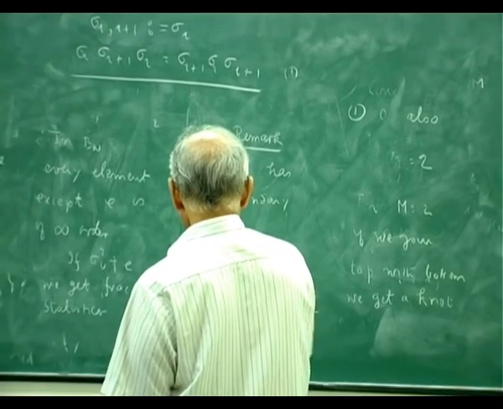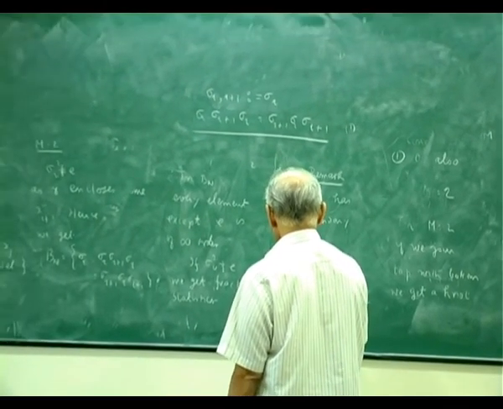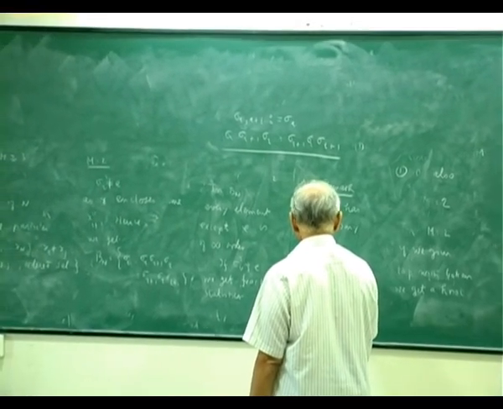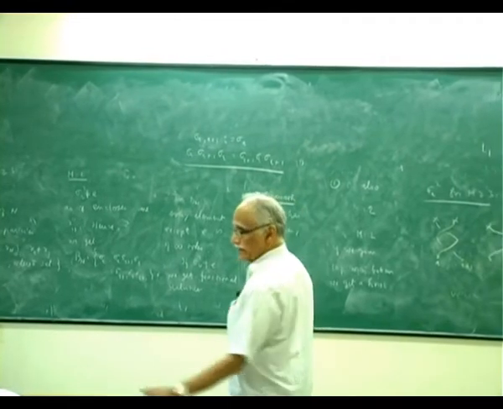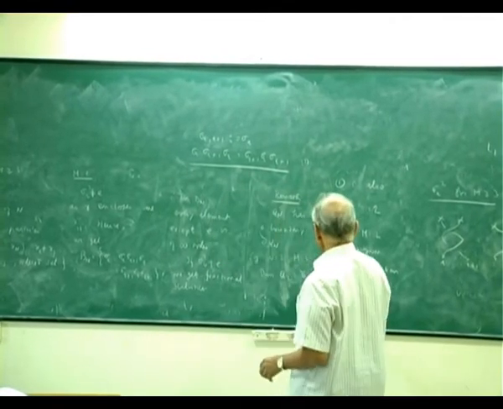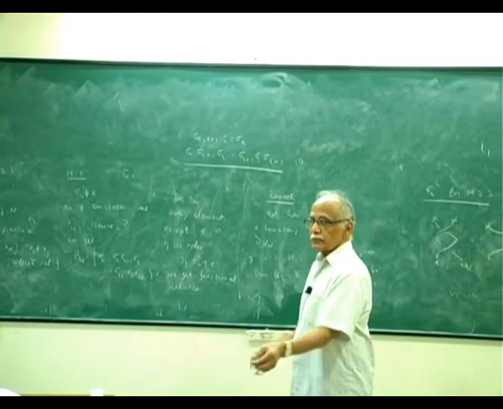I am removing the diagonals, no? So what is the dimension of Q2? It is 6. Two identical particles, right? Just 3 coordinates for each.